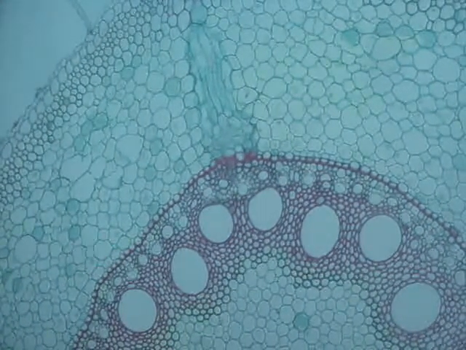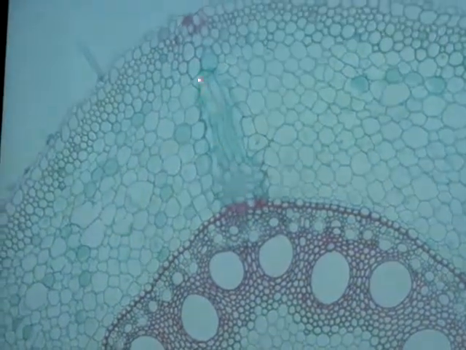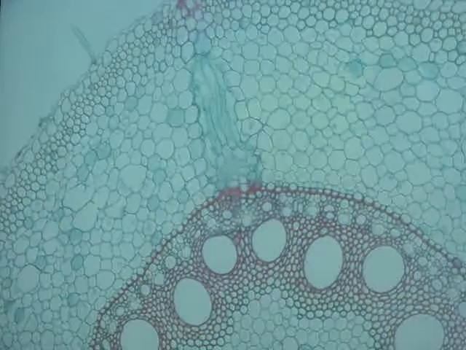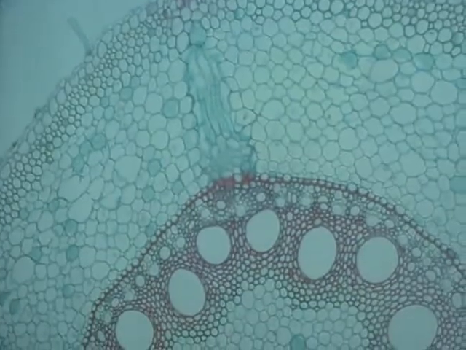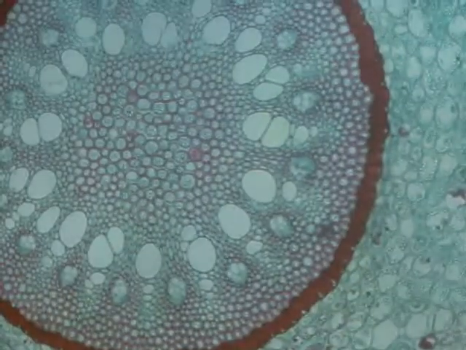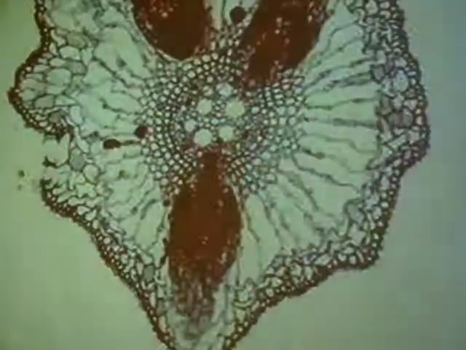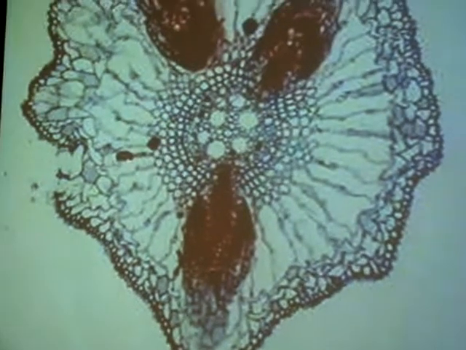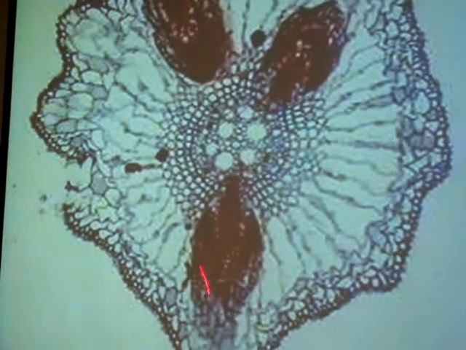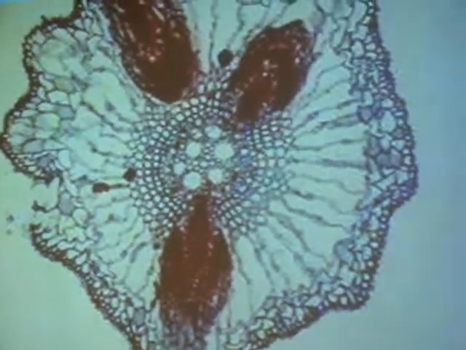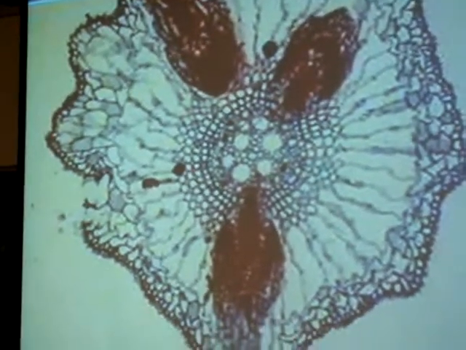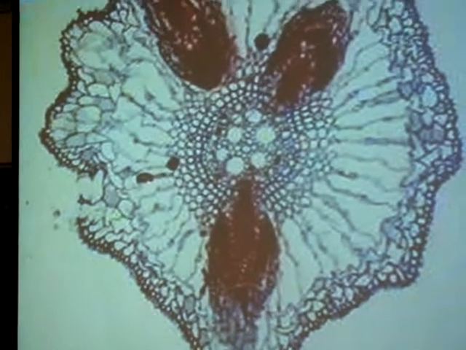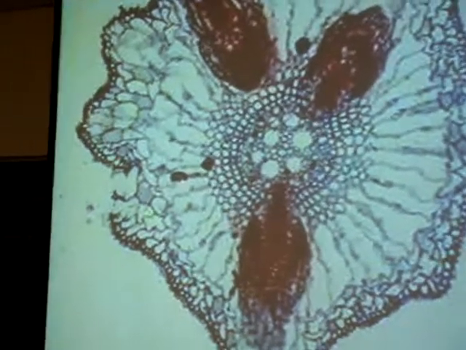What's going on here? Same thing that's going on here. What are these things? Lateral roots. So let me back up. This is really fuzzy. I know some of you are taking pictures. I'll come back to this, I promise.